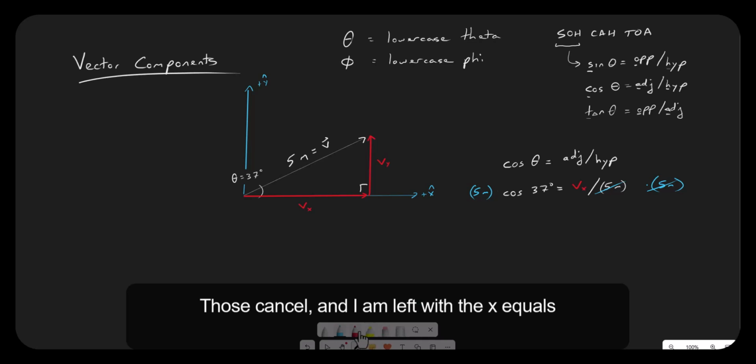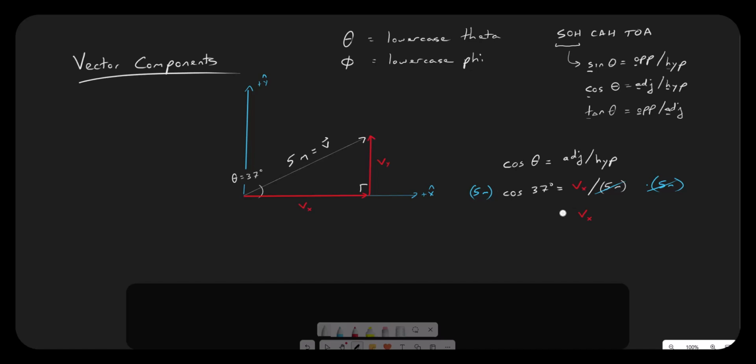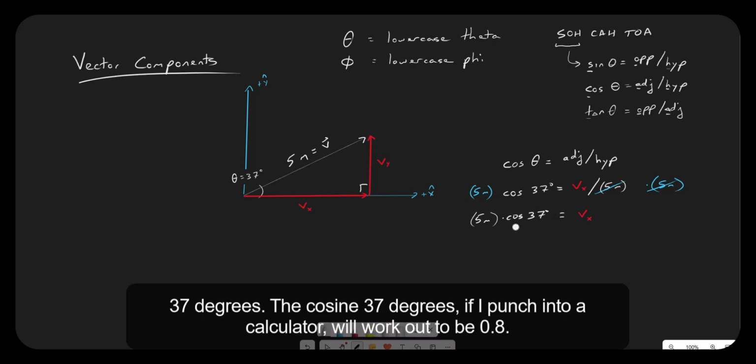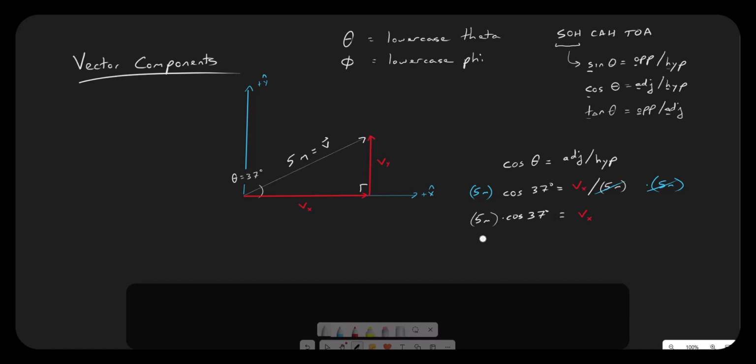Those cancel, and I am left with Vx equals 5 meters times the cosine of 37 degrees. The cosine of 37 degrees, if I punch into a calculator, will work out to be 0.8. So I get 4 meters for my Vx.